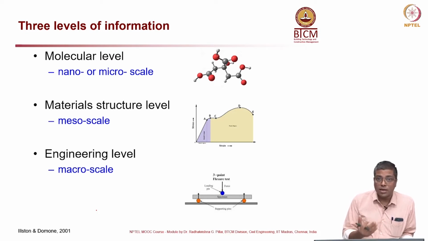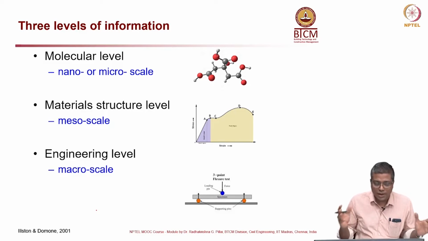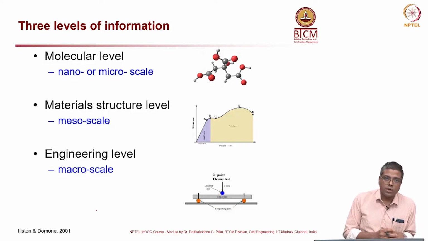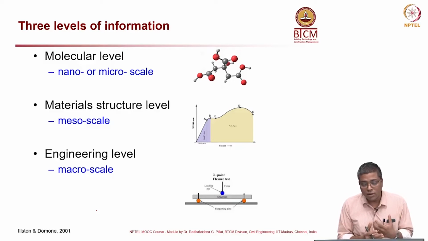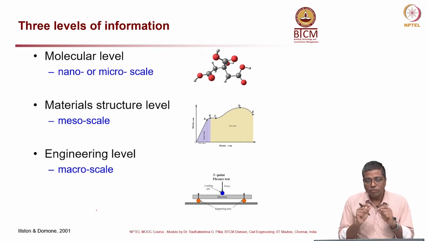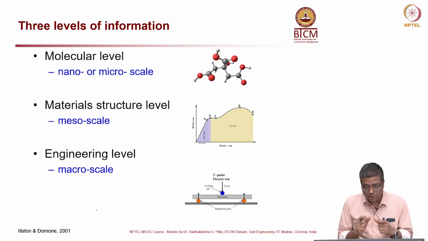And then engineering level information, which is slightly larger, which we are going to call macro scale. You can see the pictures on the right side, the molecular level, and when you talk about the stress-strain behavior of a particular material, that is the material structure level information, an example.